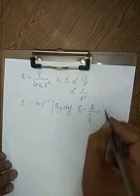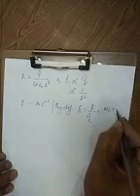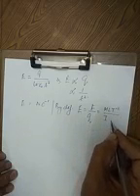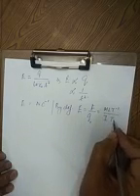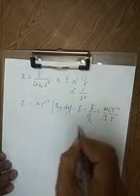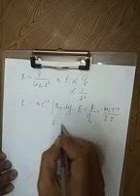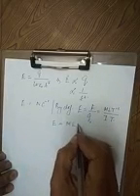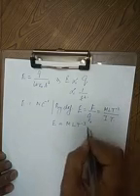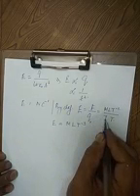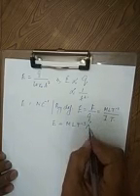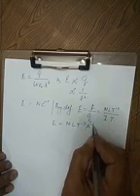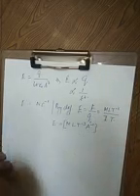Since F has dimensional formula M L T to the power minus 2, and Q naught can be written as I into T, its dimensional formula E is equal to M L T to the power minus 3 I to the power minus 1. I means current. Current has dimensional formula A, ampere. When it goes from the denominator to the numerator, it becomes inverse. So this is the dimensional formula.